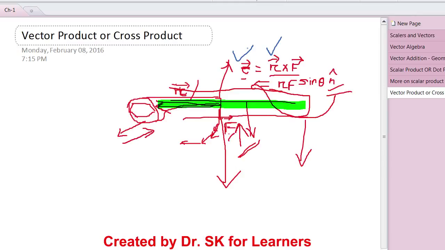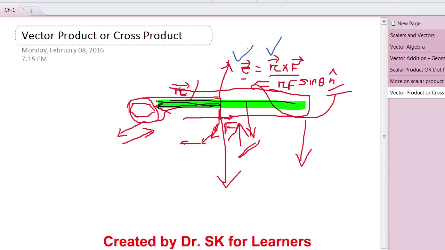On the other hand, if you are trying to open a bolt of say 20 millimeter diameter, then you need a larger torque wrench. If you need to open a bolt of say 40 millimeter diameter, you'll need an even longer wrench.